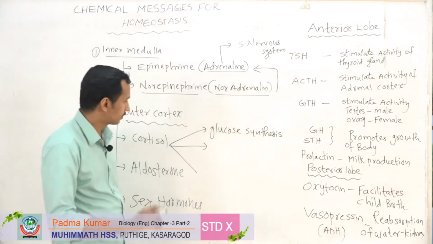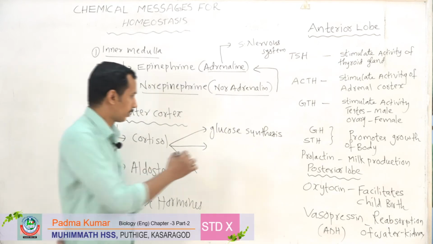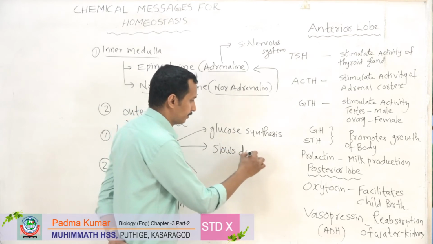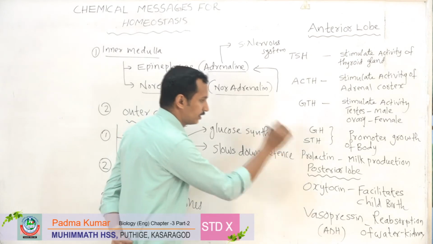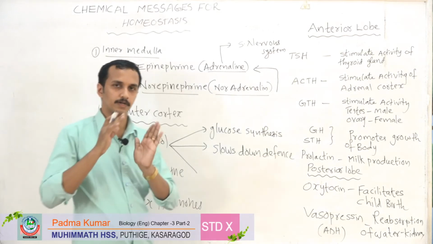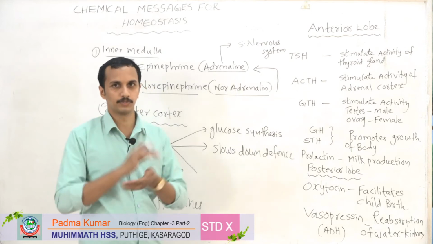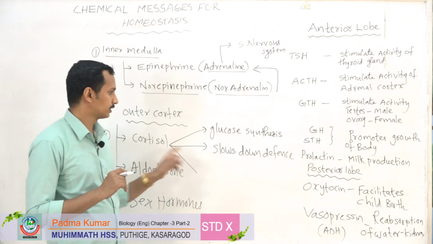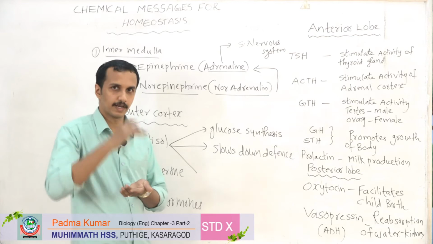Then there are some other functions performed by cortisol. It slows down the defense mechanism. Our body fights against different types of pathogens, microorganisms, or disease-causing organisms, and cortisol slows down that process.